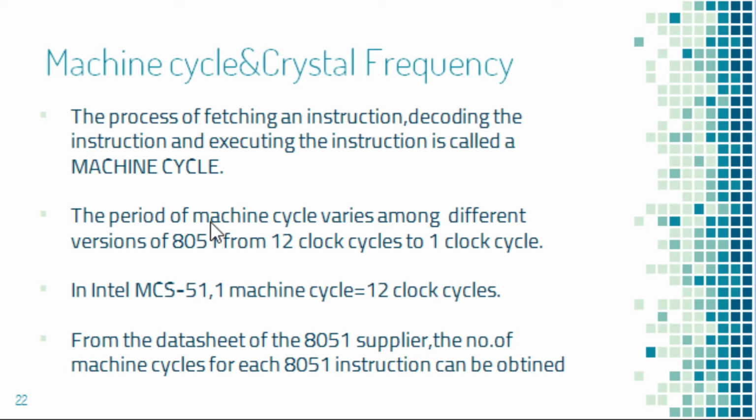The period of a machine cycle varies among different versions of the 8051 from 12 clock cycles to 1 clock cycle. For an Intel MCS 51, which was the original 8051, one machine cycle is equal to 12 clock cycles. From the datasheet of the 8051 supplier, the number of machine cycles for each 8051 instruction can be obtained.